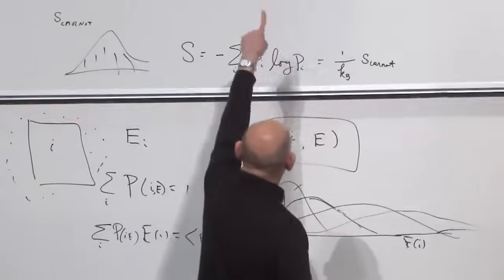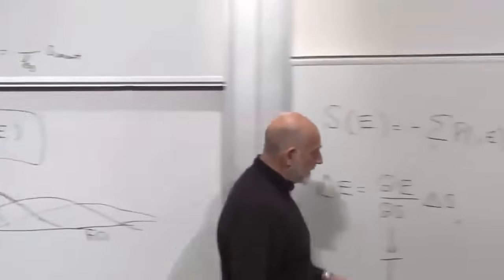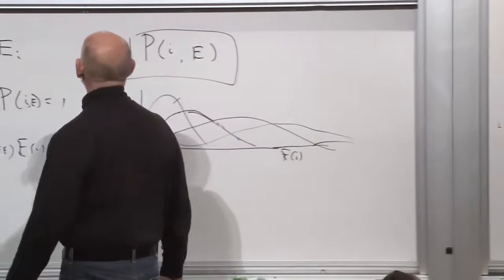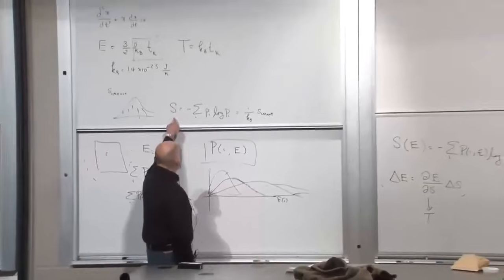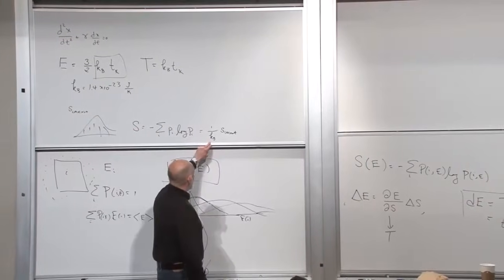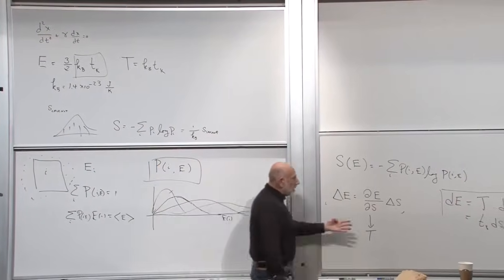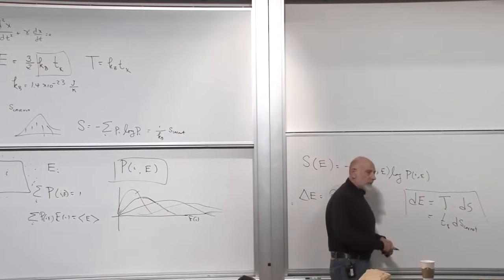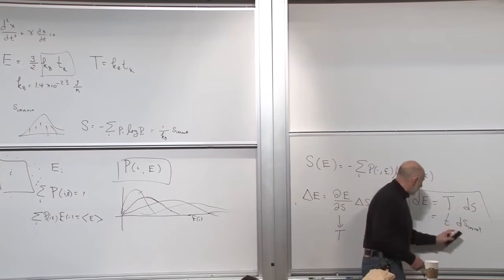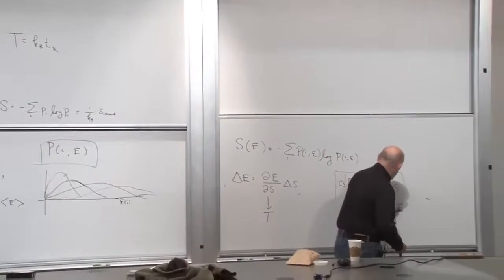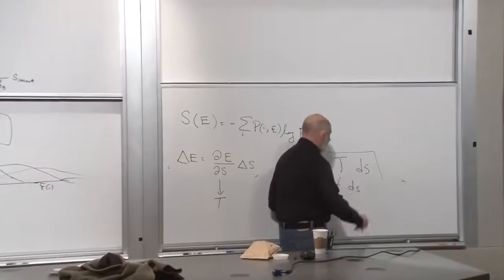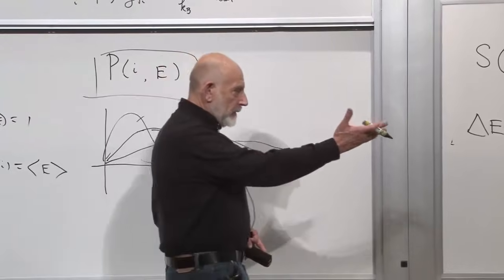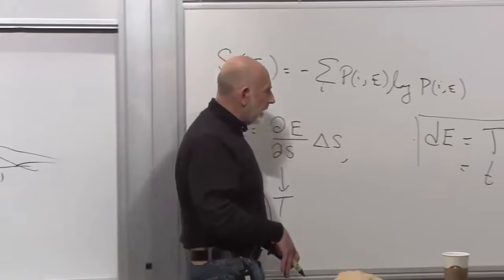Capital T is K Boltzmann times little t, and capital S is 1 over K Boltzmann times S Carnot. So they cancel, and this is why Carnot, who wrote this formula, wrote the energy equals little t dS. The Boltzmann factors cancel out of that. One gets a K in the numerator, one gets a K in the denominator.